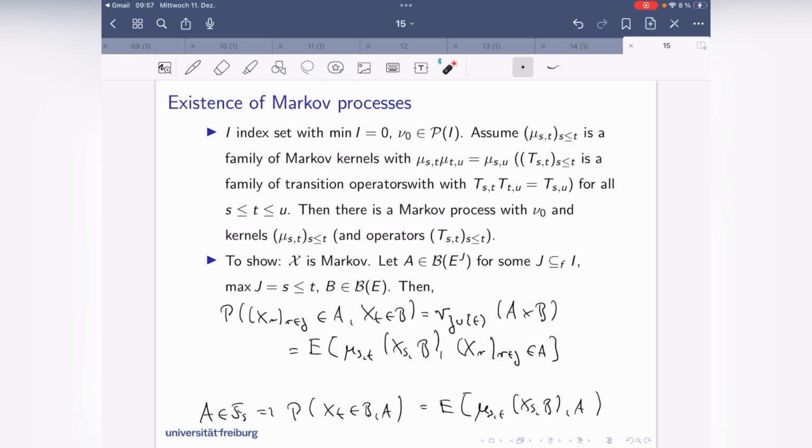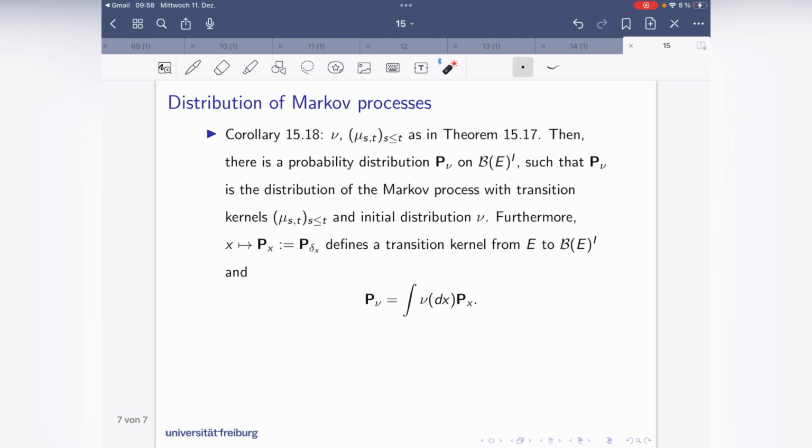When you look at this here, Xt in B and A in Fs, that's exactly a set of the form which we had here. And going from the generator to the full sigma algebra means that we can replace this by this set A on the left and the right hand side, and that's exactly what we did see. So that's the right hand side, that's the left hand side. And as I said before, by the defining property of the conditional expectation, we have shown the Markov property of our process X. And we are done with this thing here.